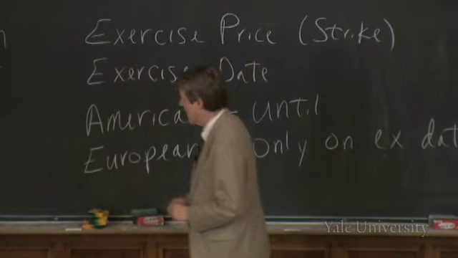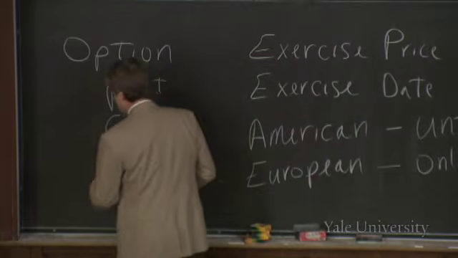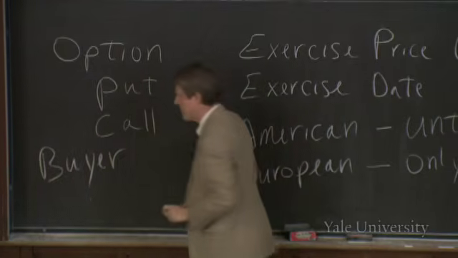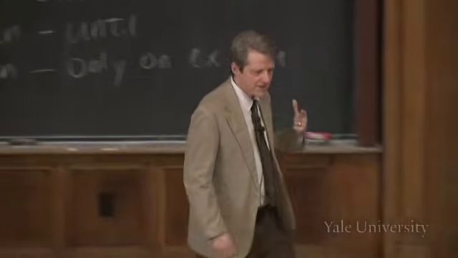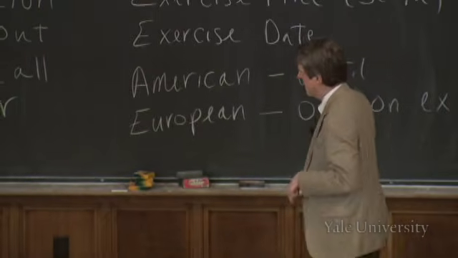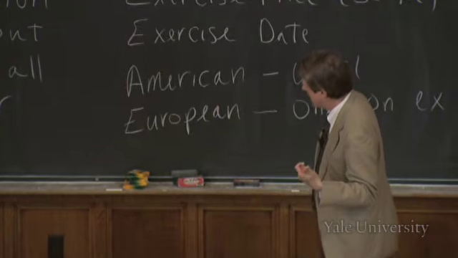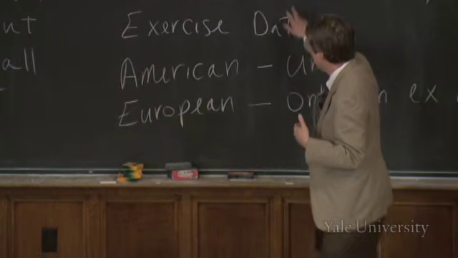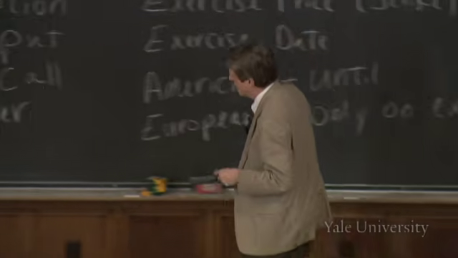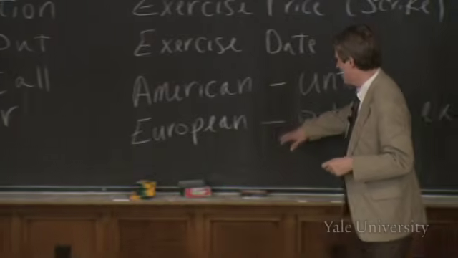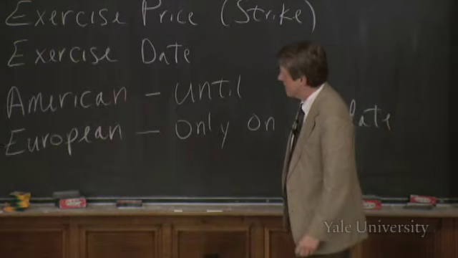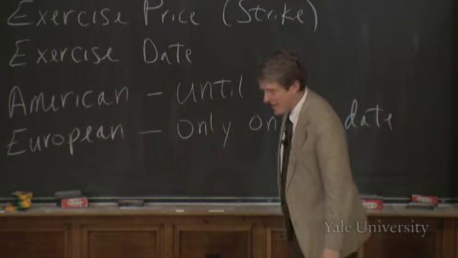And in a traditional option, there's two parties. There's the buyer of the option, and usually we present them from the perspective of the buyer of the option. The buyer of the option pays a price to buy the option, not to be confused with the exercise price, and then has, depending on whether it's American or European, until the exercise date to exercise the option.